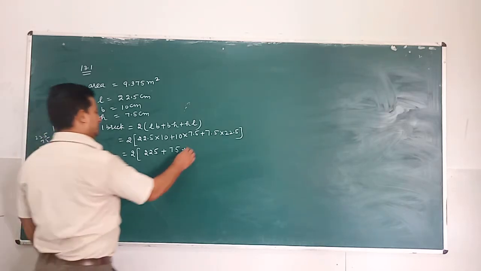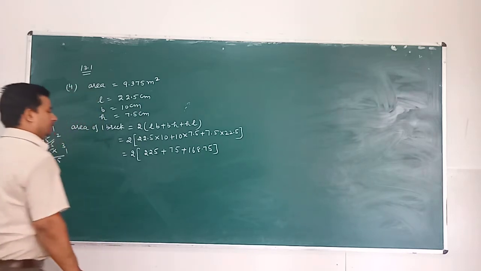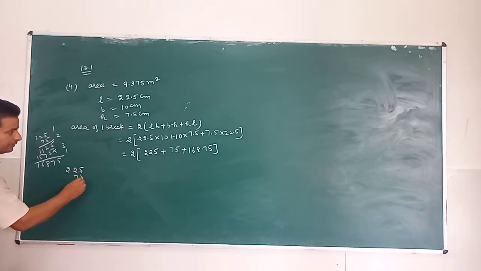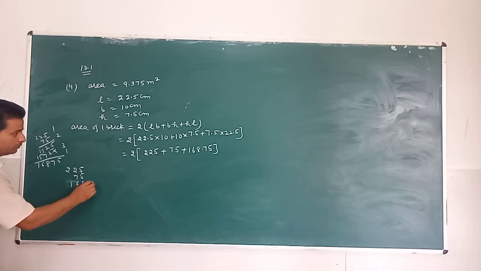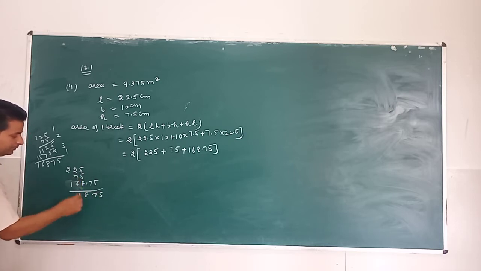When we add these all, 225, 75 and 168.75, we get 468.75.